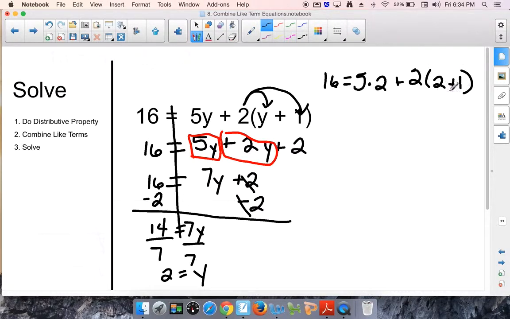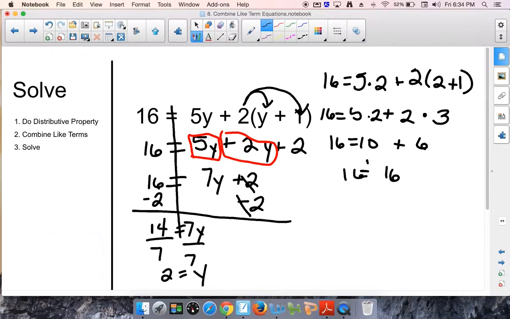Well, we do what's in parentheses first because of order of operations, which is 3 times 2 plus 5 times 2, and that much must equal 16. 5 times 2 is 10, plus 2 times 3 is 6, and 16 equals your 16, so it checks out.